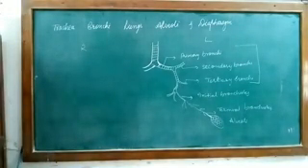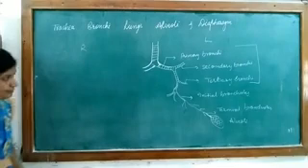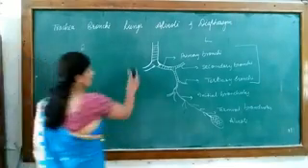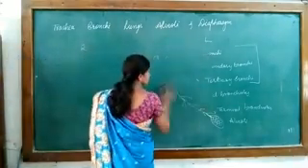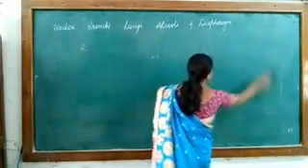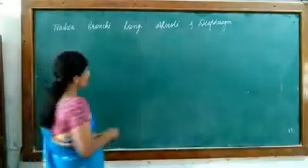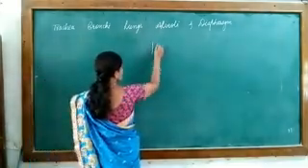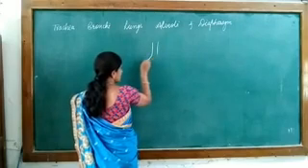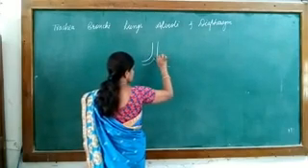Then the next part is our lungs. So this structure is present in the lungs. As we know, this is the trachea, this is the right branch, and this is the left branch.